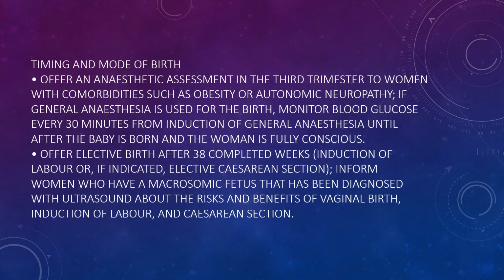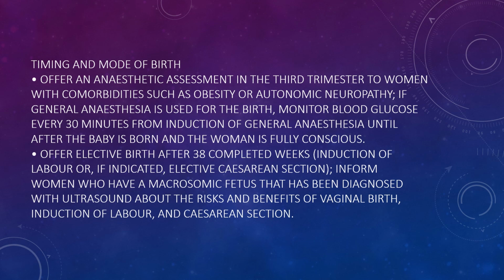Timing and mode of birth: offer an anesthetic assessment in the third trimester for women with coexisting morbidities such as obesity and autonomic neuropathy. If general anesthesia is used for the birth, monitor blood glucose every 30 minutes from induction of general anesthesia until after the baby is born and the woman is fully conscious.